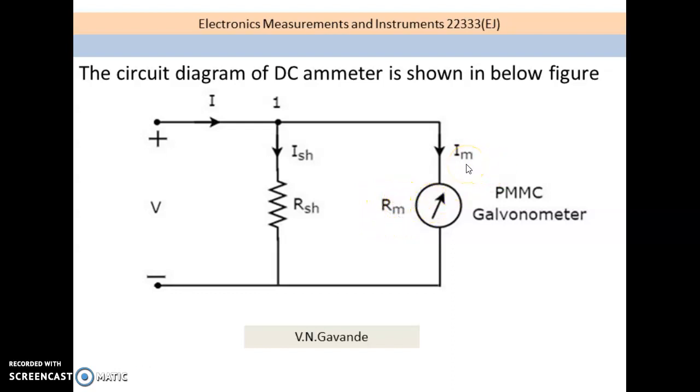IM is also called full scale deflection current, IFSD. RM is the resistance of the coil which is available in a PMMC. Now remember, the value of RSH should be very small when we want to measure high current values.